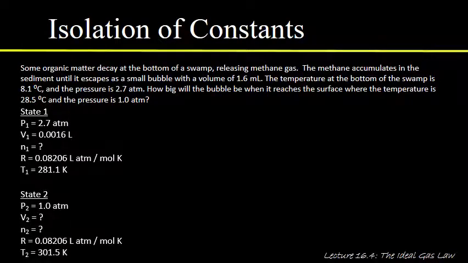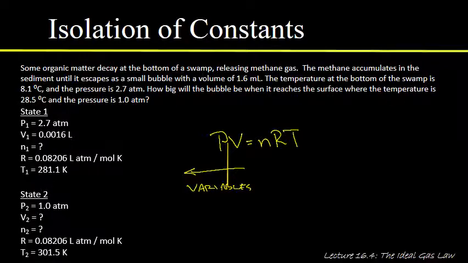And remember that the method of isolation of constants is that we're going to take our equation, in this case the ideal gas equation, PV equals nRT, and we're going to put all of our variables, everything that's changing, on the left side, and we're going to put all of our constants on the right hand side.